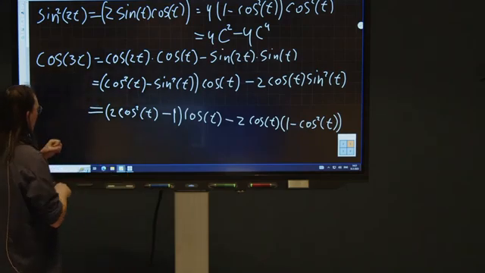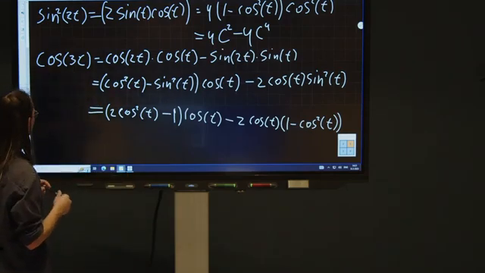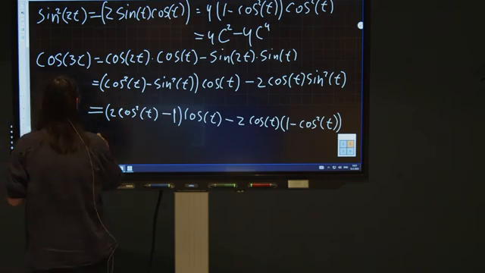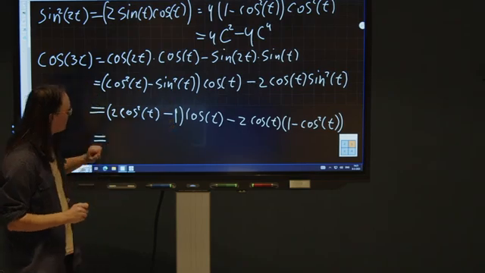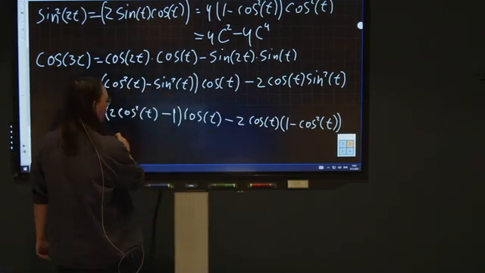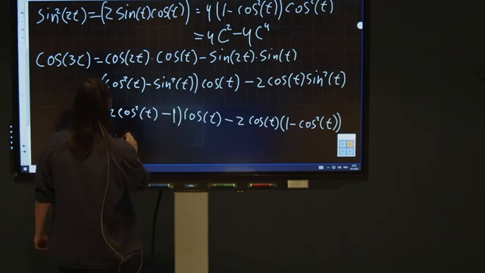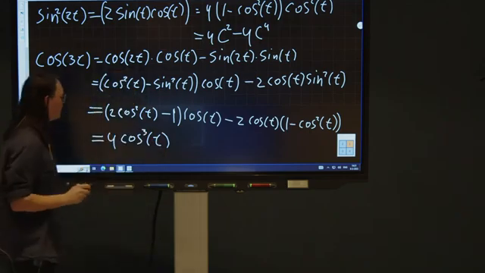There we go. So in total, what I get here is 2 cosine to the power 3, plus another 2 cosine to the power 3 from there. That gives me 4 cosine cubed.